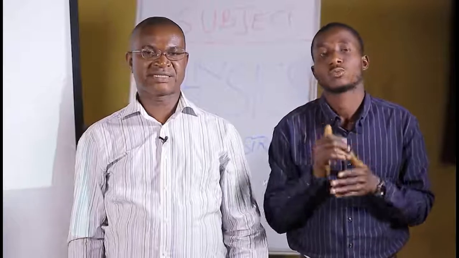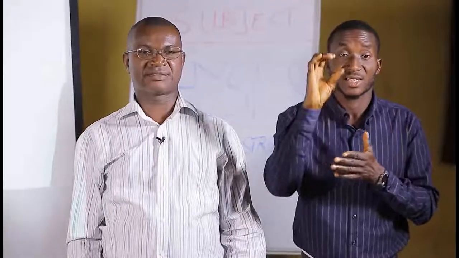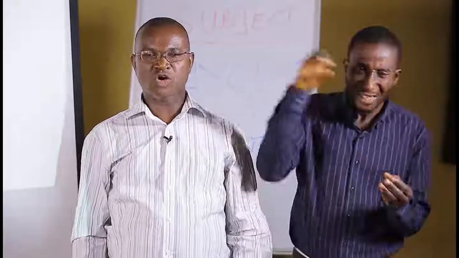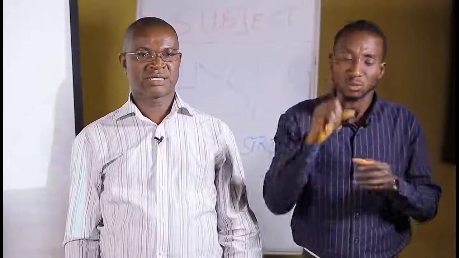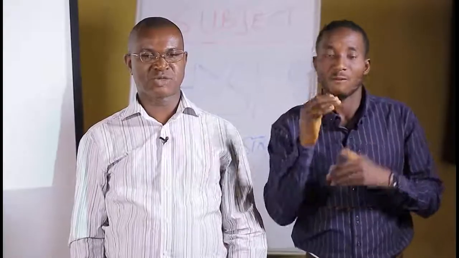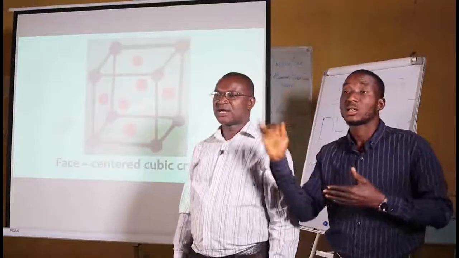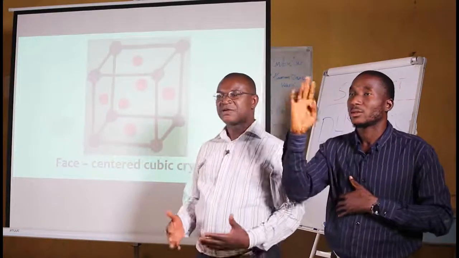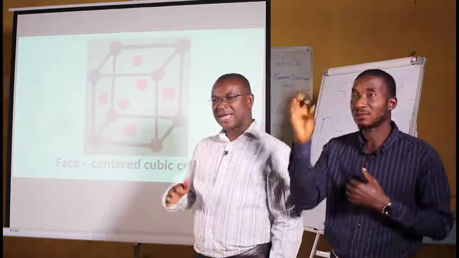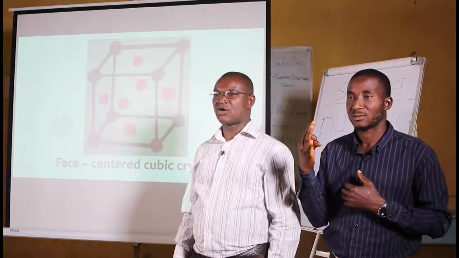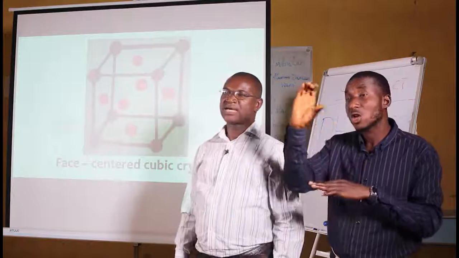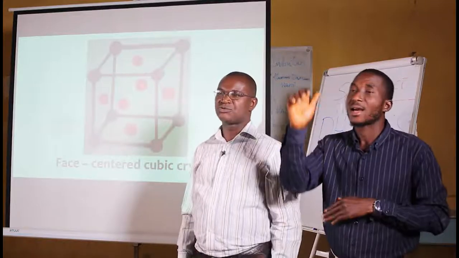On the face-centered cubic unit cell, in addition to the 8 corner atoms of a simple cubic, a cube has 6 faces, planes, or surfaces. At the center of each surface is a component atom. And if you add 6 to 8, it gives you 14.